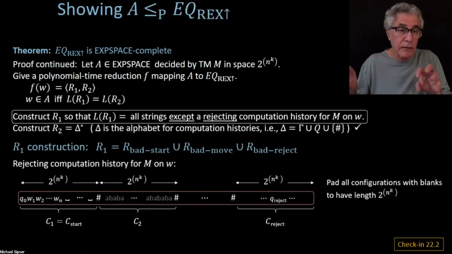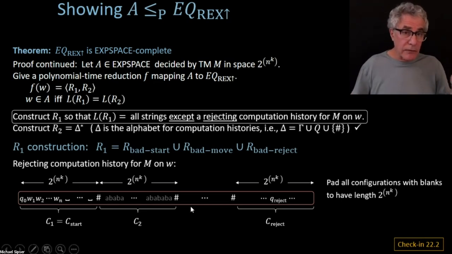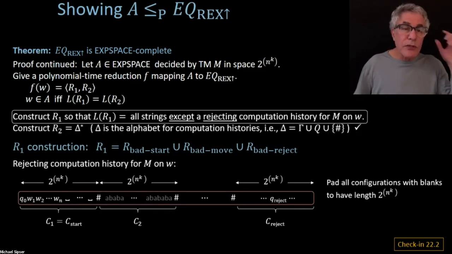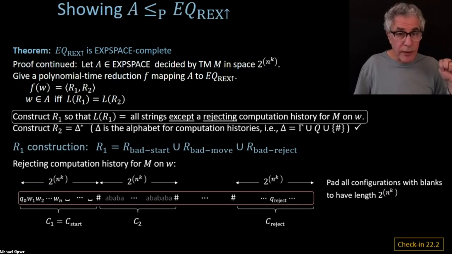Otherwise, everything has to be spelled out in accordance with the rules of the machine and the start configuration. We're assuming one rejecting state. Yeah, that's the way we actually define Turing machines in the first place. But who's arguing? Yeah, there's one reject state.